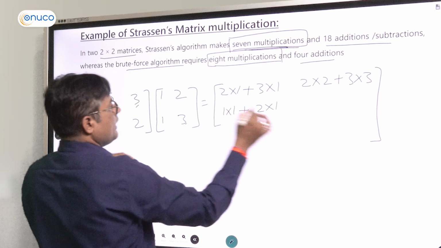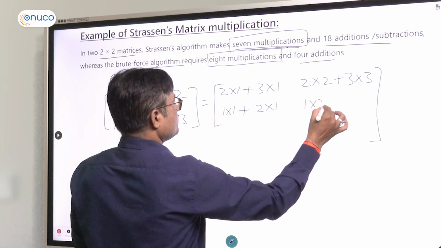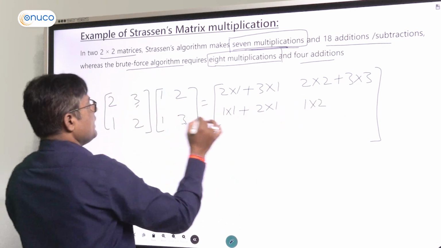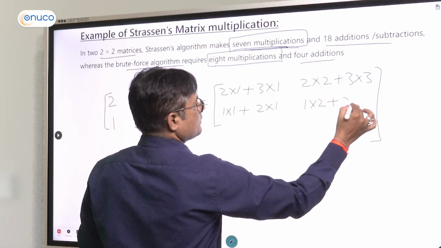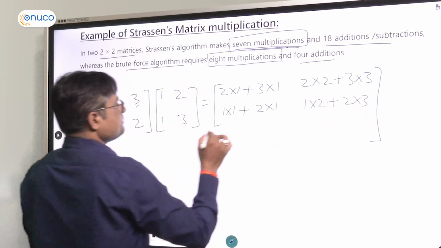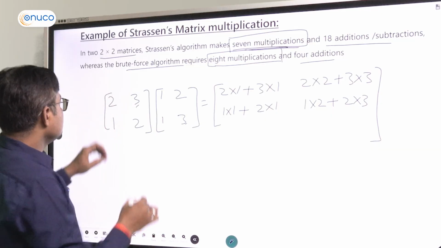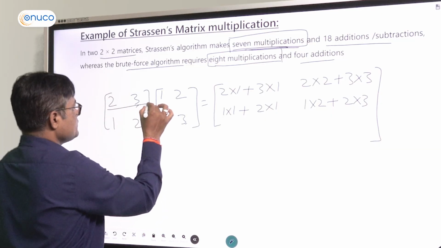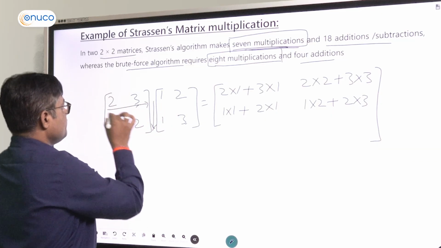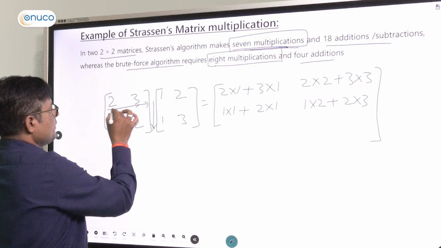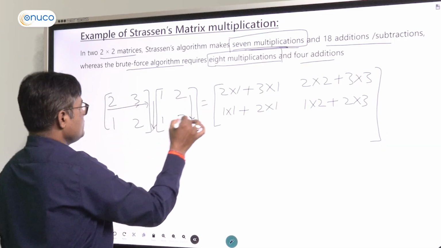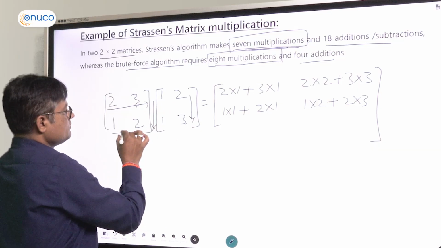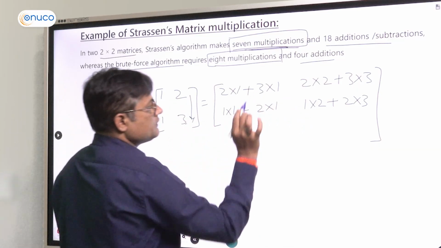Similarly, 1 and 2, 2 and 3. So, you can see that we have performed multiplications like this: first row, first column, first row, second column, second row, first column, second row, second column. And this is the outcome.